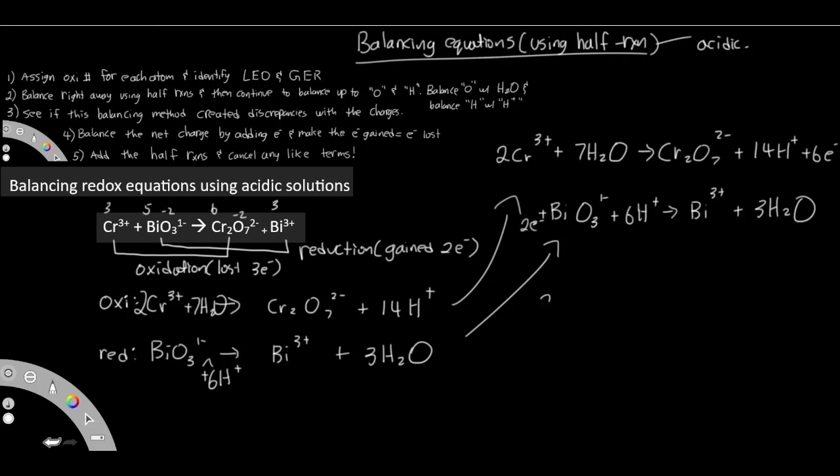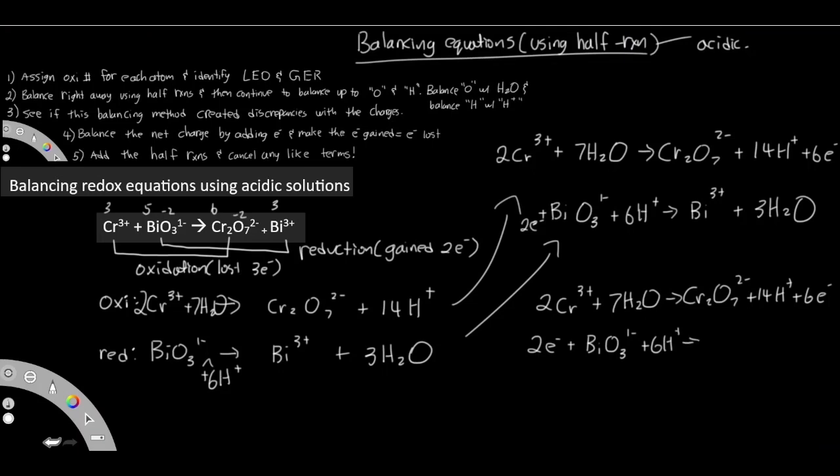So let's rewrite this again so that it's nice and clean. All right, so we've done that over here. Now we have to make sure that they are the same.